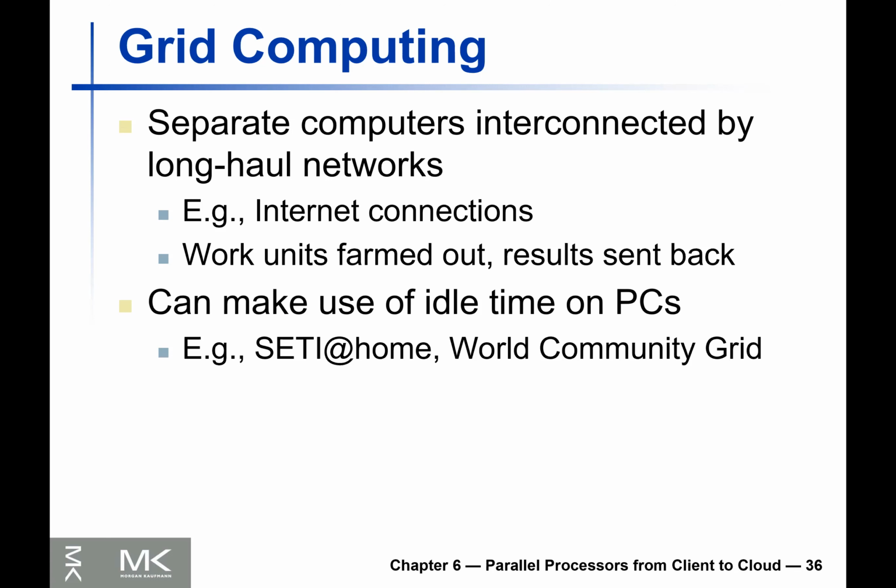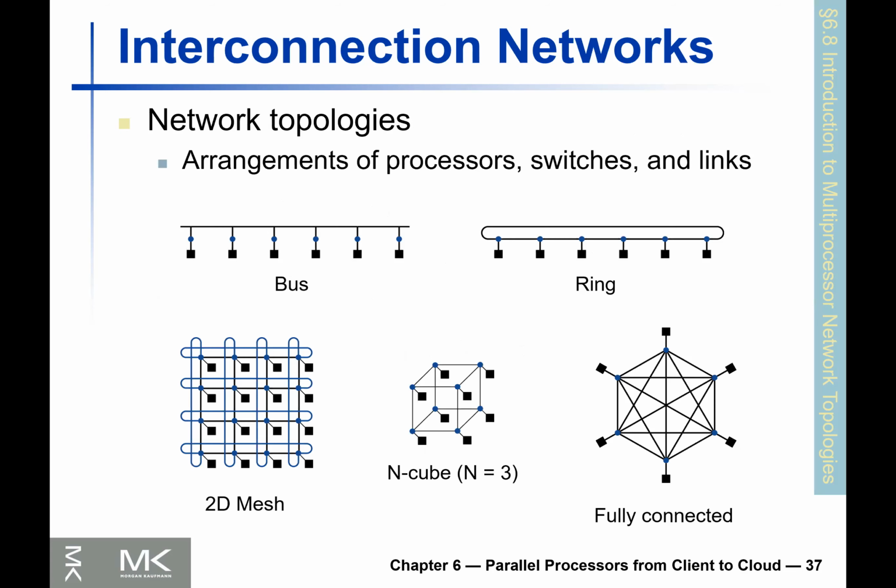Work units are farmed out and results sent back. If there is communication between separate computers, the result will be sent and come back again. So it can make use of idle time on PCs, for example SETI@home, World Community Grid. These are examples that can be used on the internet.